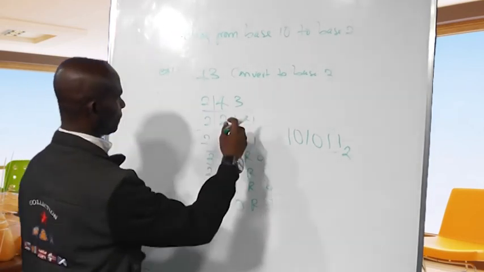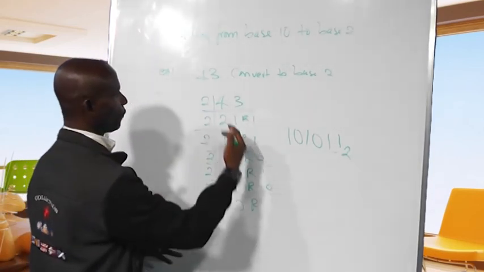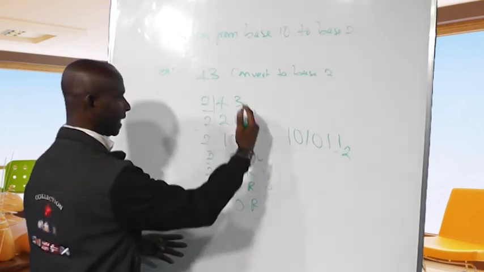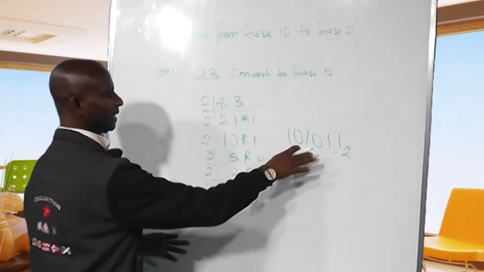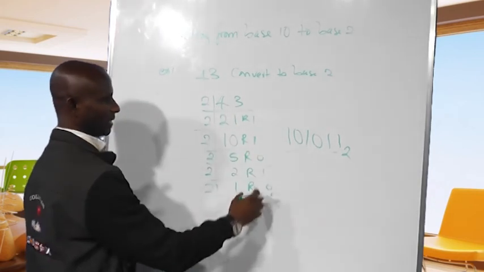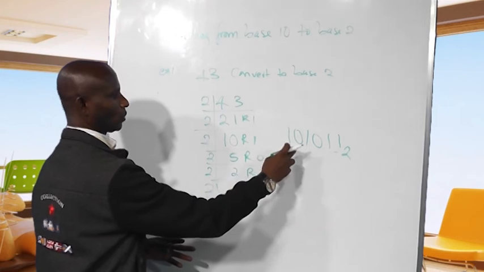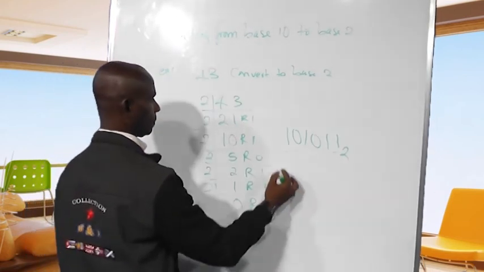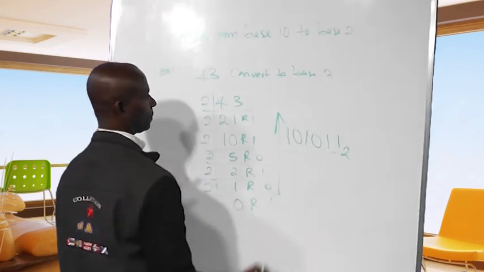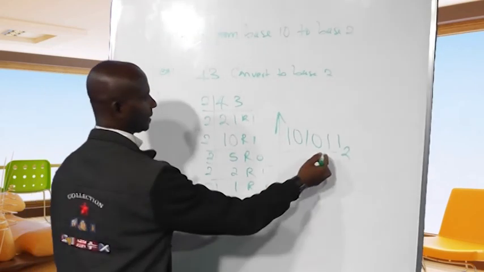How do we get it? When we continually divide 43 by 2 and write down the remainder, we take the remainder from the bottom, align it horizontally, and we get the answer 1 0 1 0 1 1. You arrange from the bottom. That's the answer.